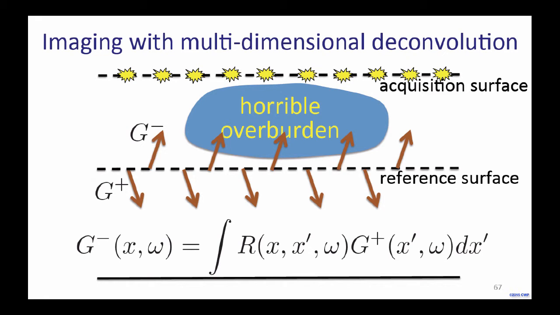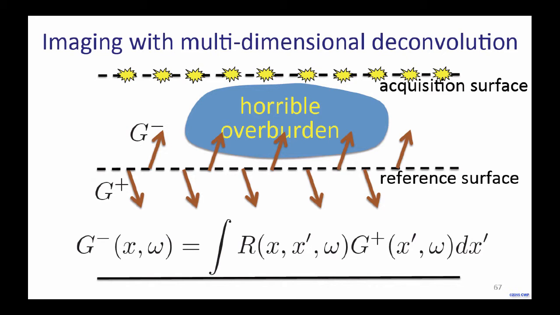Now these upward and downward components are related through a reflectivity operator, because any wave that goes down from my reference surface is being reflected upward from the reflectors under my reference surface, and it becomes an upward going wave. So there's a reflectivity operator that tells you how a downward going wave at a certain location on your reference surface is turned into an upward going wave at your reference surface. And the beauty is that you can take that integral equation that you have, the integral that you have at the bottom, and just solve it for your reflectivity operator.